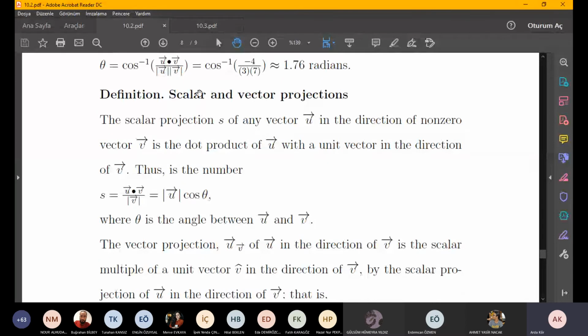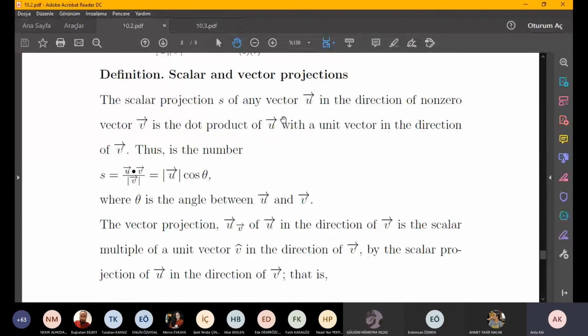So you find a unit vector in the same direction as v and take the dot product with u, which gives u dot product v over the length of v.